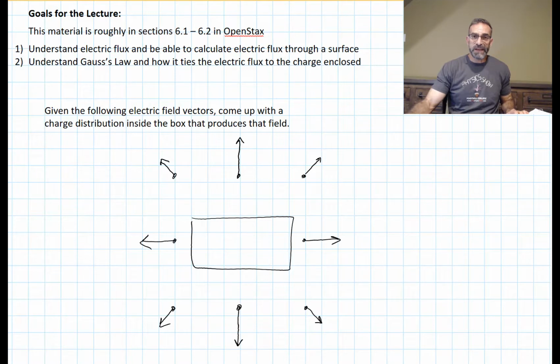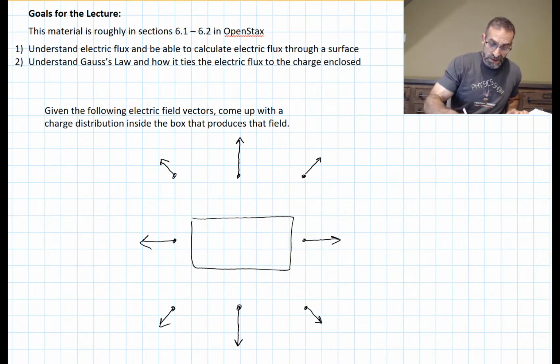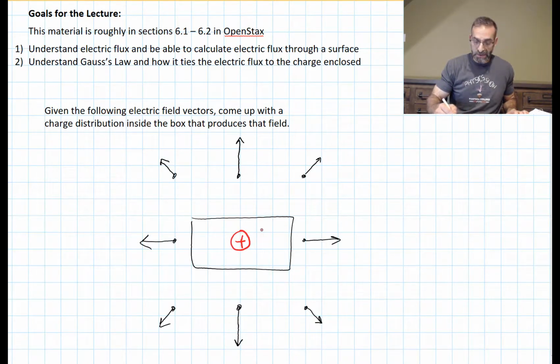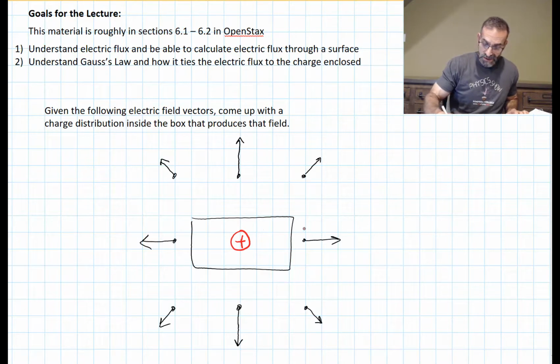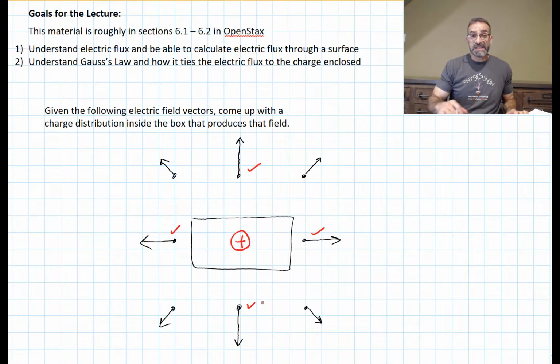These electric field lines all look like they're radiating from one point in the center of the box. It appears that we could put one charge at the center of the box and it would produce this electric field. These four are all the same distance away, so the electric field vector would be the same length, the same strength electric field at each of those locations.